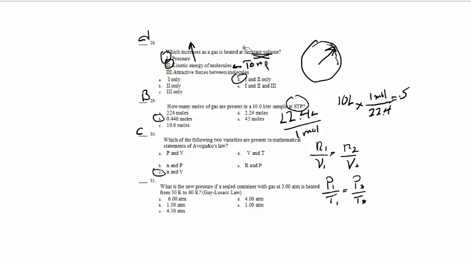And so if that's the case, then if we start with 3 atmospheres and the temperature is 30, we increase the temperature to 60, so then we're solving for this. In order to keep this correct, this would have to go up to 6 atmospheres, which would be A.